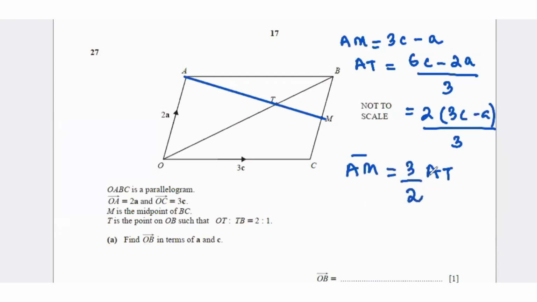Or in other words, you could say that AT is 2/3 of AM. Yep. So you can prove it either way and it would show that ATM is a straight line.